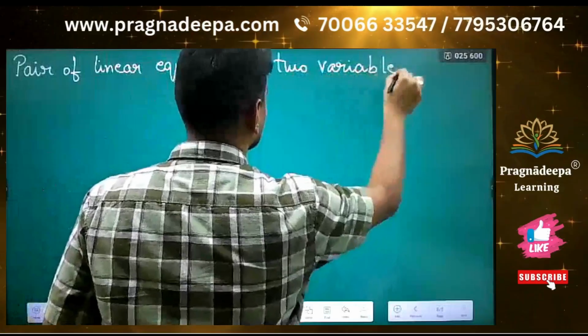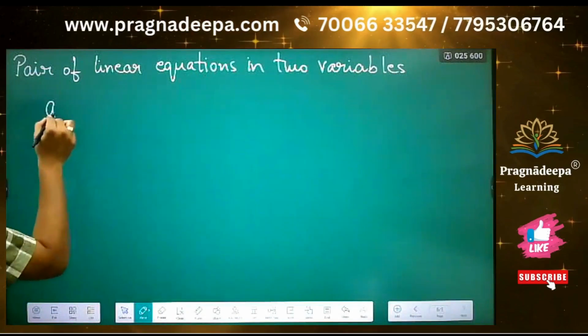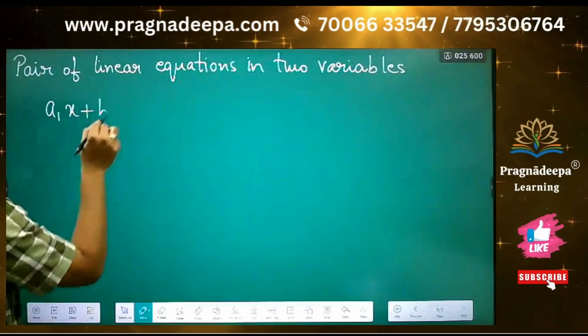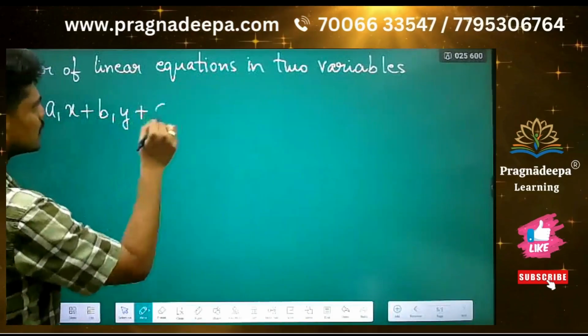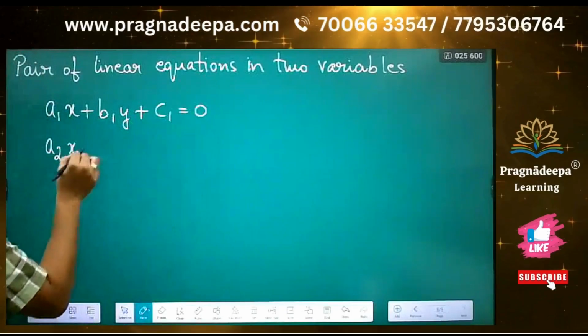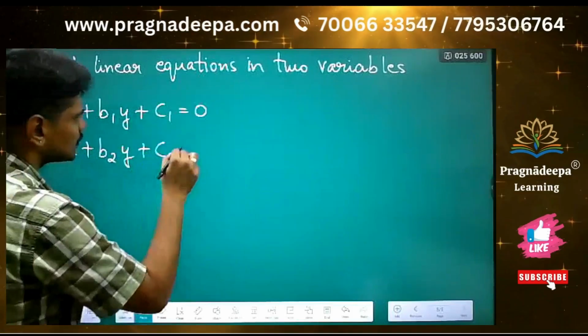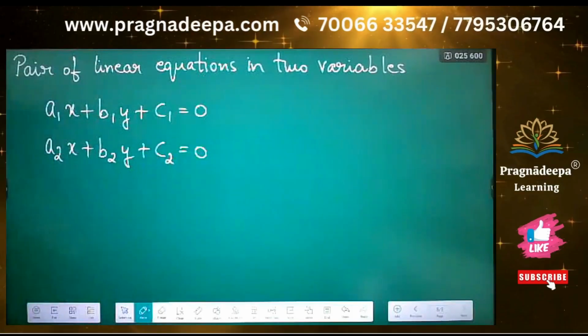So now to begin with, what is the standard form of a pair of linear equations in two variables, students? It is a1x plus b1y plus c1 is equal to 0, a2x plus b2y plus c2 is equal to 0.